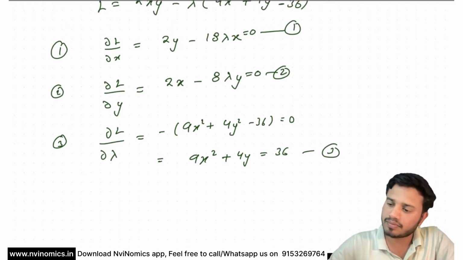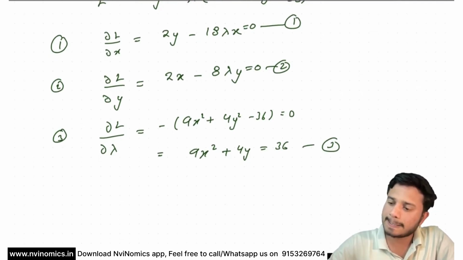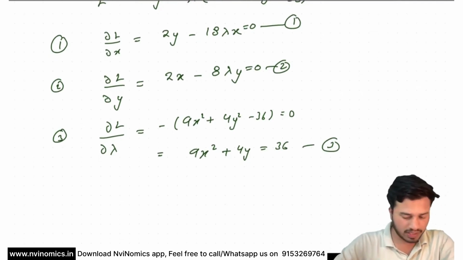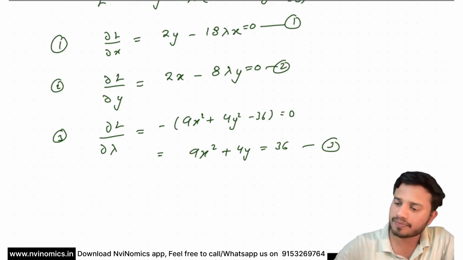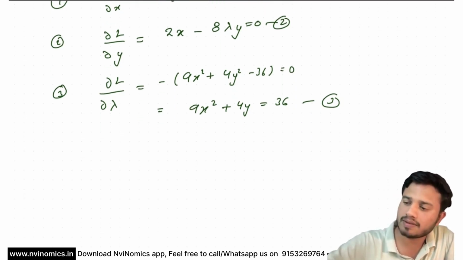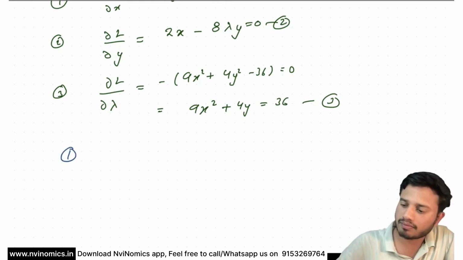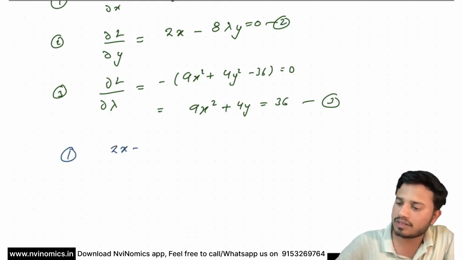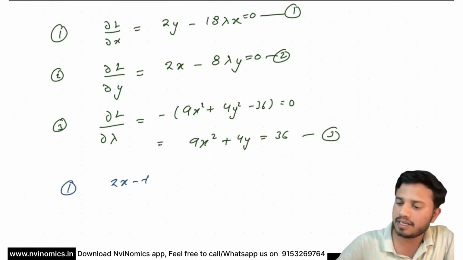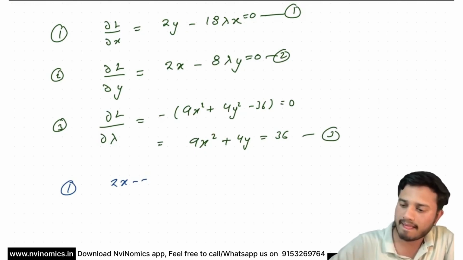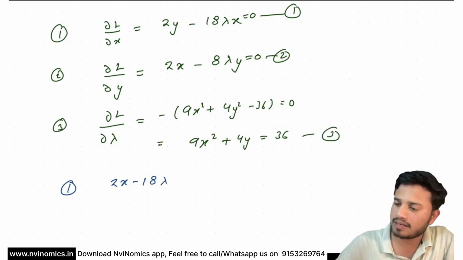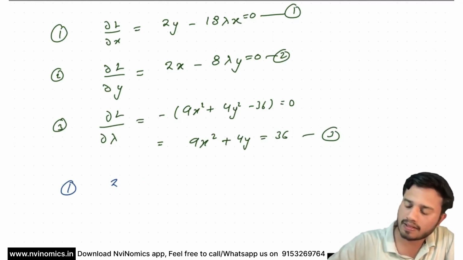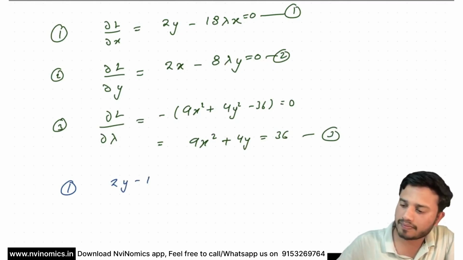We have to find three variables, x, y, and lambda. Okay. So let's do it. From the first equation, we have 2y minus 18 lambda x equals to 0.